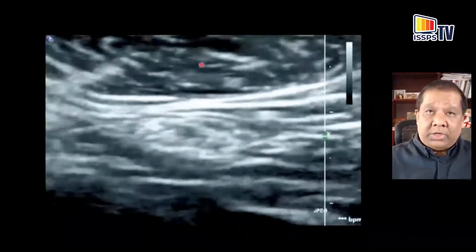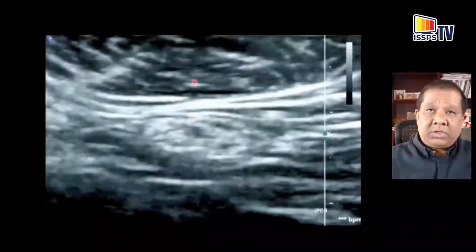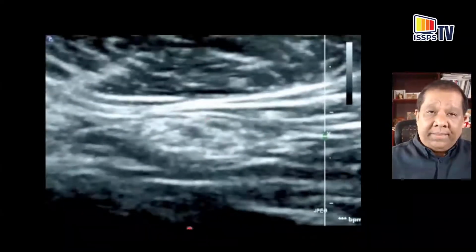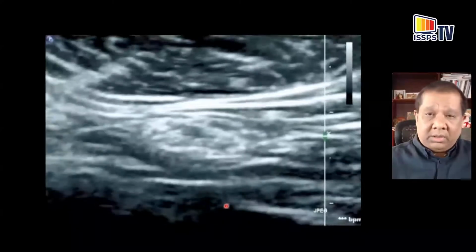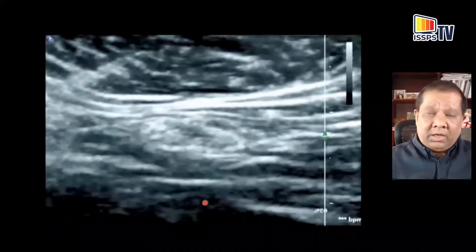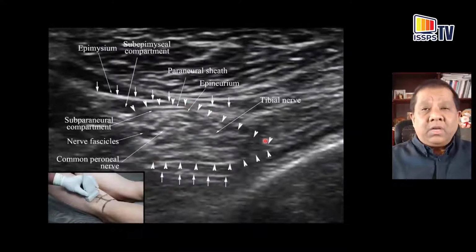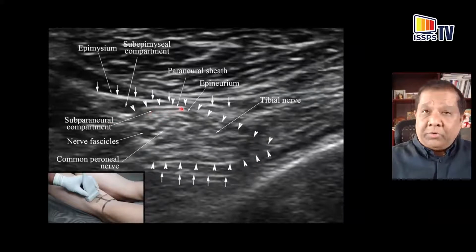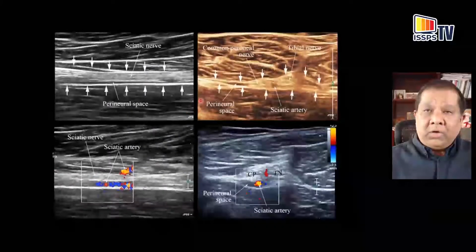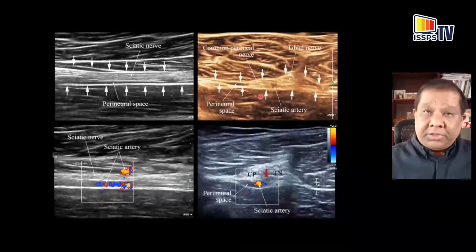Now, this is posterior, this is anterior, so this is your biceps femoris muscle, and this is probably the adductor magnus muscle in the thigh. The circumneural sheath indeed circumneurally surrounds the nerve, and it is outside the epineurium. And when you inject local anesthetic, you can see it will contain it.